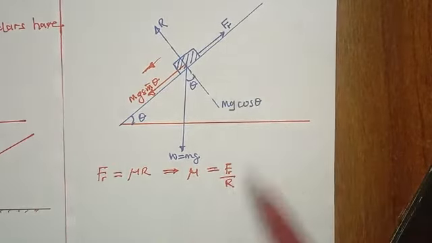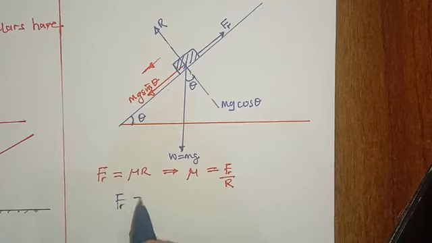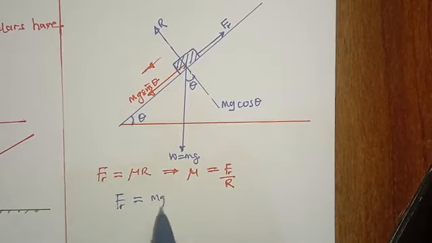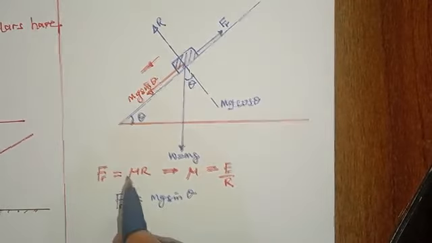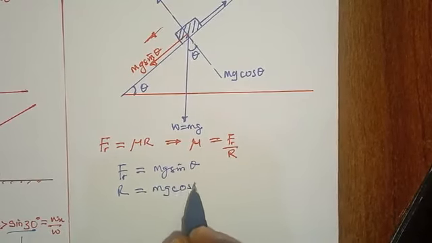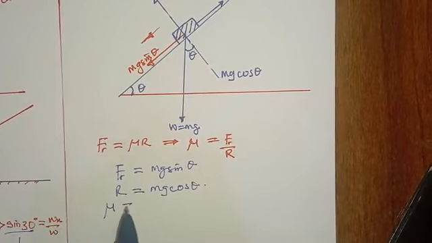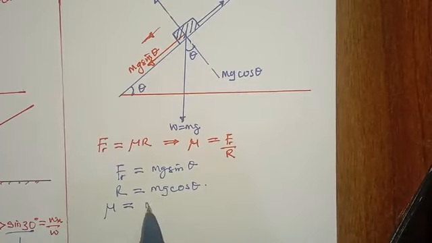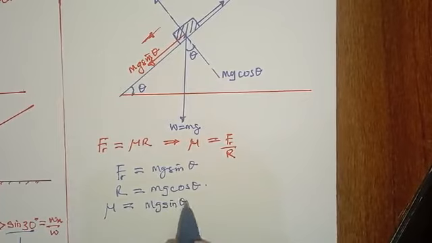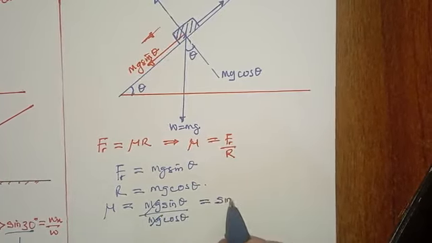So just before the body starts moving, the limiting frictional force is equal to mg sine theta, and the normal reaction R is equal to mg cos theta. Is that correct? So from here, I have mu equal to FR, now mg sine theta all over mg cos theta. So we cancel mg, and we'll be left with sine theta all over cos theta.